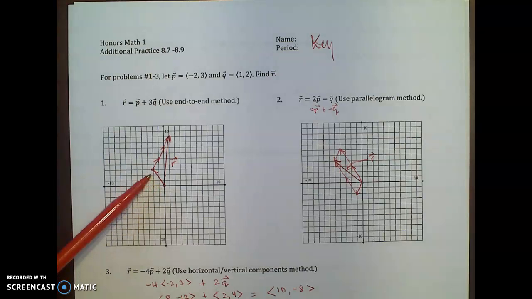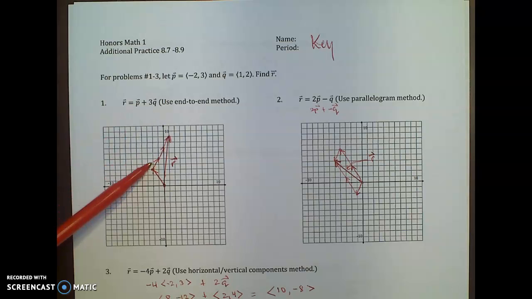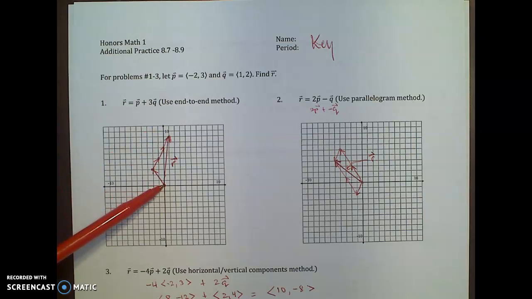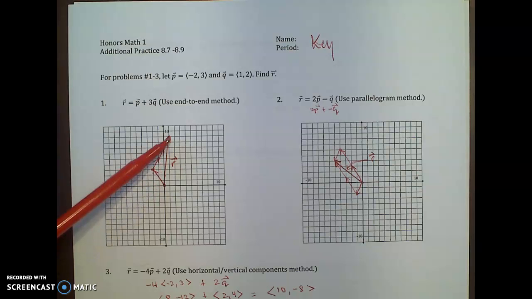So here, coming out of the origin, I have vector P. And then at the end of vector P, I'm going to do 3 times vector Q. So you see again the 3 arrowheads showing that I am doing 3 times vector Q. Okay, so the solution vector using the end-to-end method comes from, you start at the initial starting point, and then you go in the direction of the head of the last vector. So here's vector R.